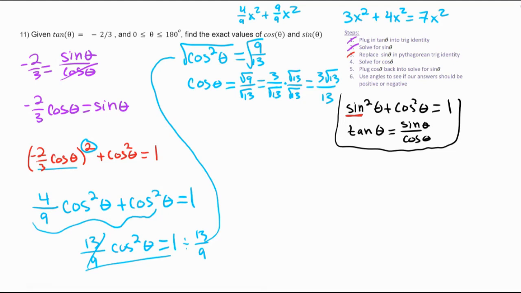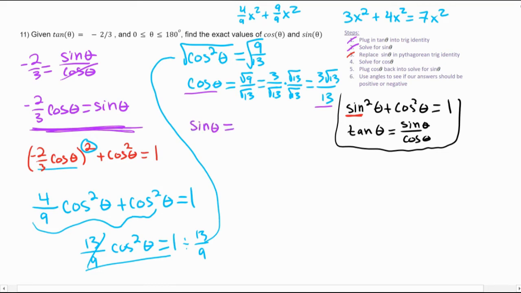Next, I got to plug that back into, let's say, the purple equation here. I'm going to use this equation to help me find sine of theta, because I now know cosine of theta is 3 root 13 over 13. Remember, when we take the square root, it's plus or minus, but I'm just going to hold off on that and deal with the positives and negatives at the end. So next I'm just going to flip this around to make it a little bit nicer.